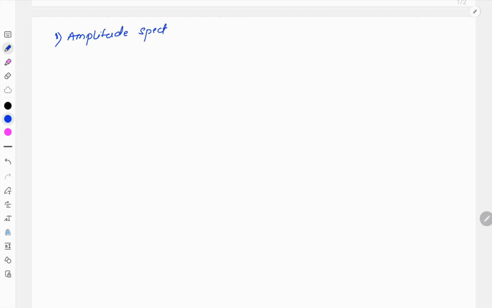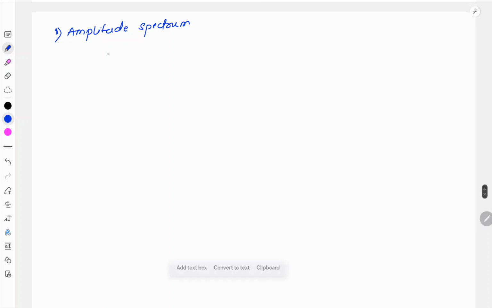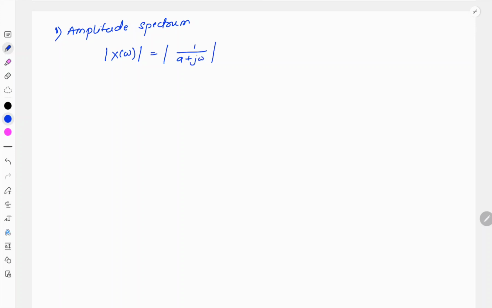For amplitude spectrum, we need to find out mod of X of omega. So here we need to find out the magnitude of the given frequency representation equation, and then we can plot the spectrum. So here it is mod of 1 upon a plus j omega.